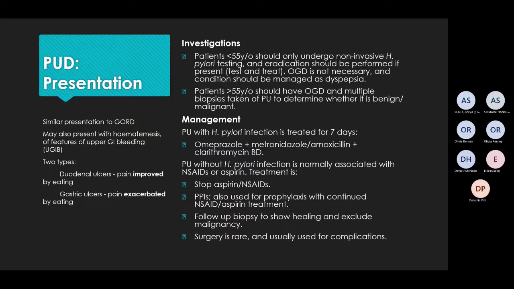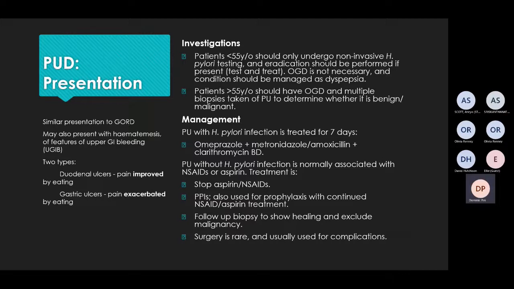And the two types of peptic ulcer that you will encounter are duodenal ulcers, where the pain tends to be improved by eating because the acidic environment which is causing the pain occurs in the stomach basically, and the duodenum is given a little bit of relief while the stomach processes all the food. And then there are gastric ulcers, where the acidic environment of the stomach is exacerbated by eating as the pH drops.